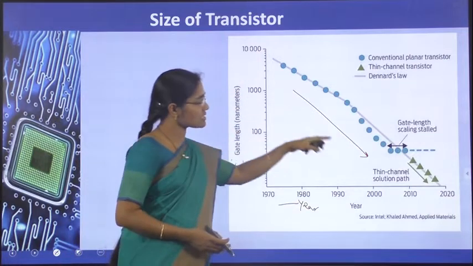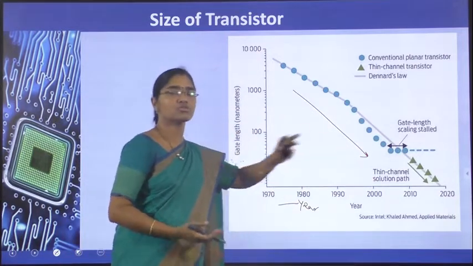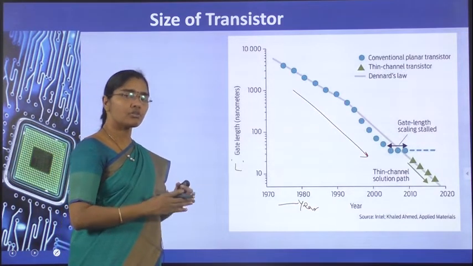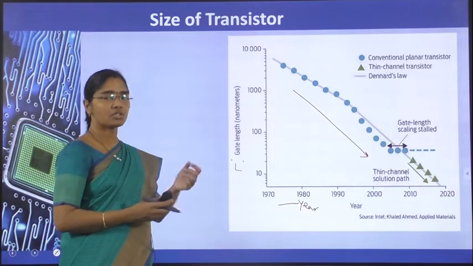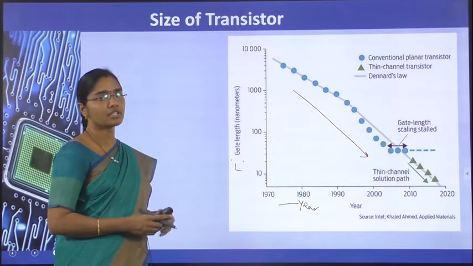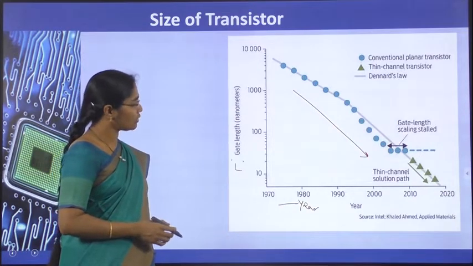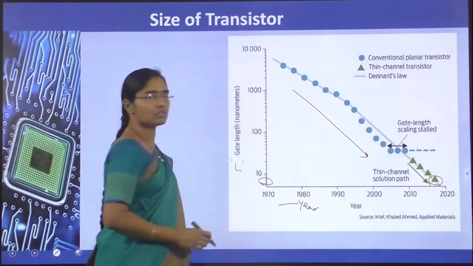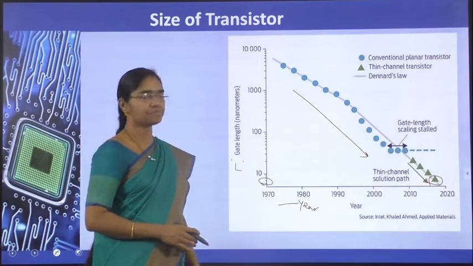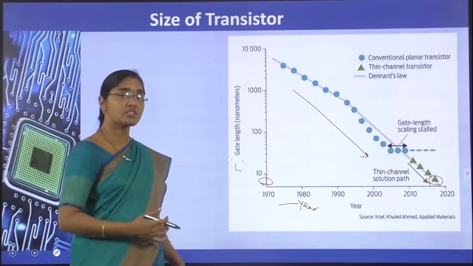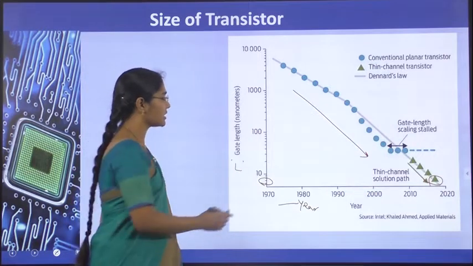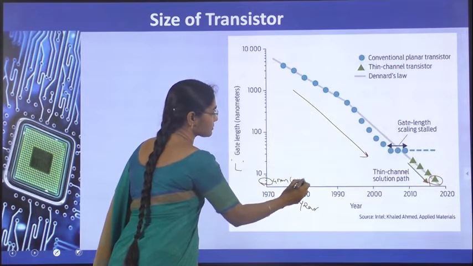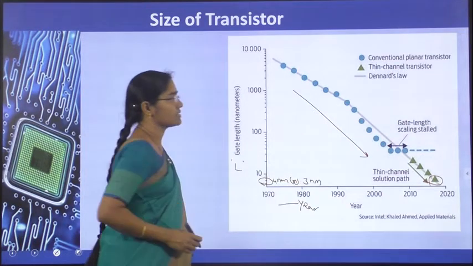Since the transistor gate length is reduced, many more transistors are embedded on the same floor. So with more transistors per unit area, the size of all devices is reduced. Now it is around 5 nanometer to 4 nanometer, and today's gate length is around 4 nanometer, 3 nanometer size.